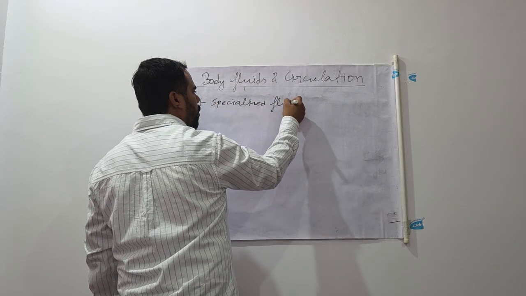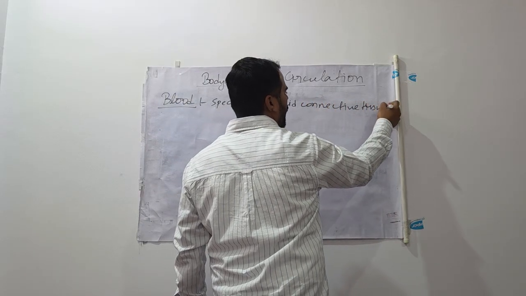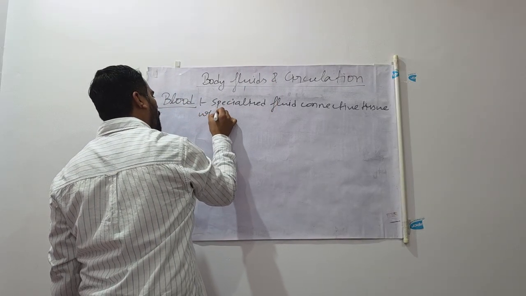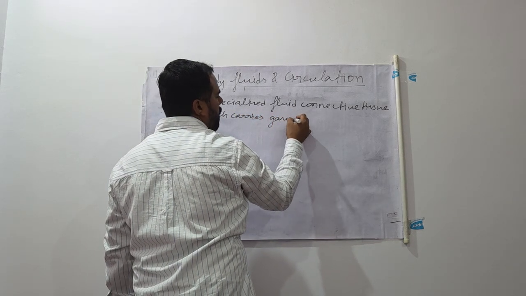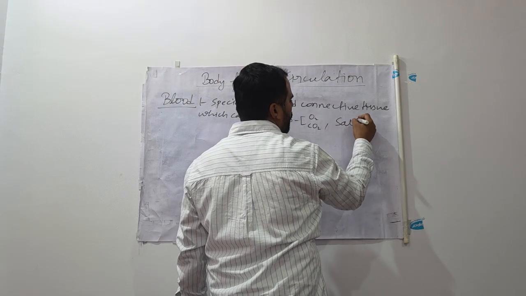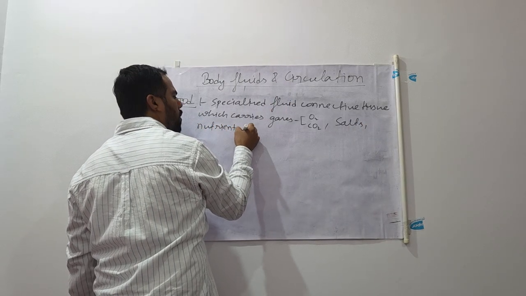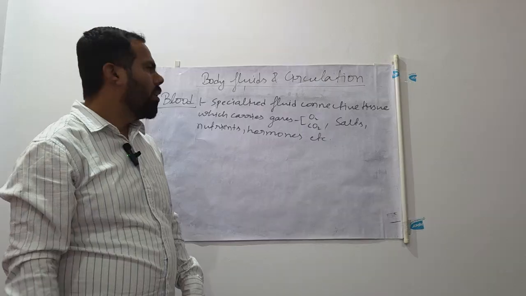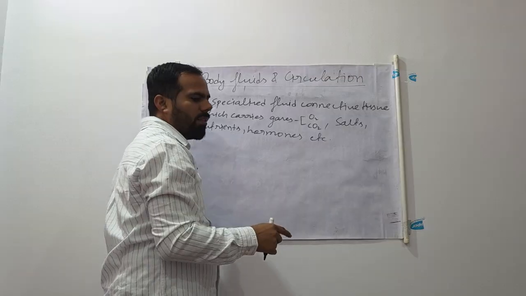Blood is a specialized fluid connective tissue which carries gases like O2, CO2, salts, nutrients, hormones, etc. So this fluid carries gases, salts, nutrients, hormones, etc.